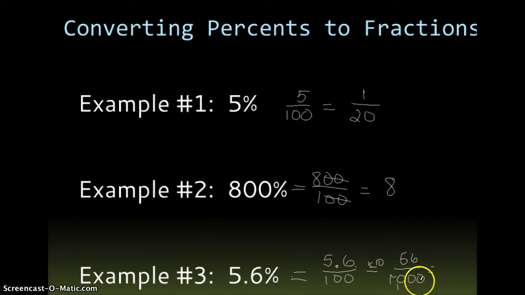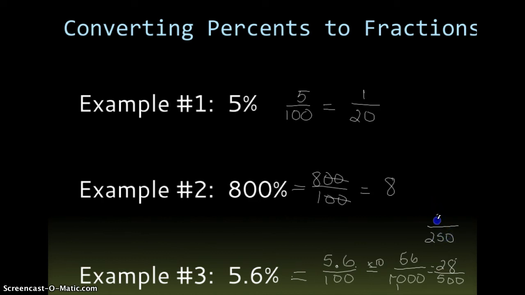And we can divide again. So we can divide, let's say, by 2. Our denominator becomes 500. Our numerator becomes, let's see, 56 divided by 2 is 28. And it looks like we can simplify again. So let's simplify again. We can divide again by 2. So our denominator is 250.